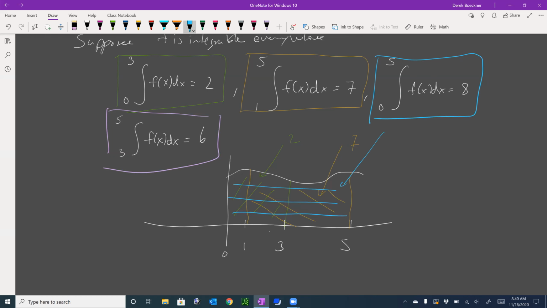This area is 8. And then purple, 3 to 5. That area is 6. And that's good because the purple plus the green should equal the blue. So fortunately, I wrote down the right number. Okay, what's the area?